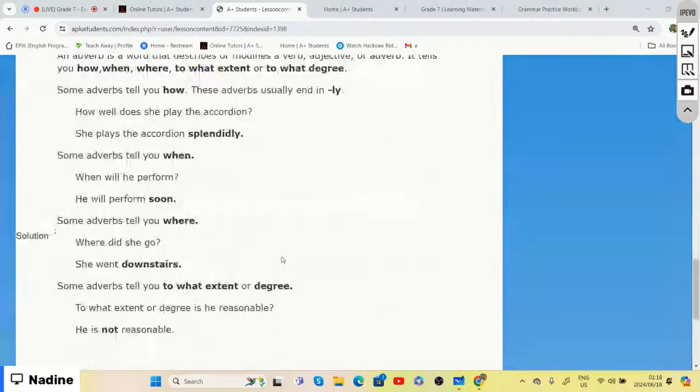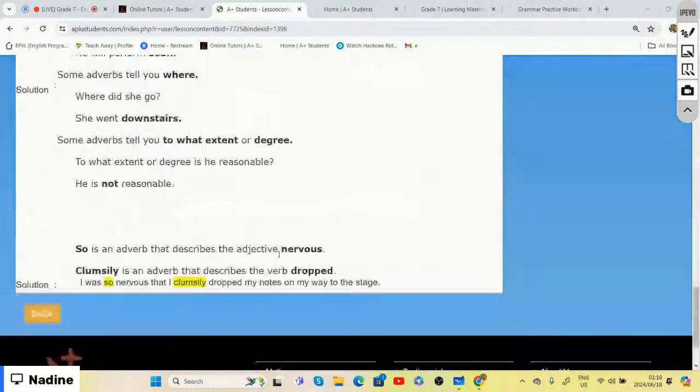Right, and now we're going to identify two adverbs within our sentence. And the sentence is, I was so nervous that I clumsily dropped my notes on my way to the stage.